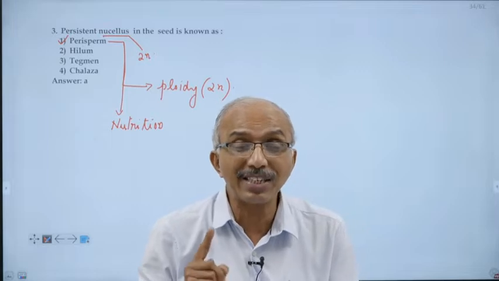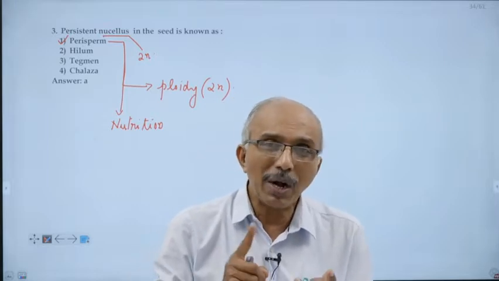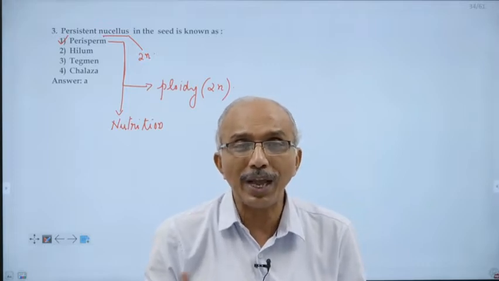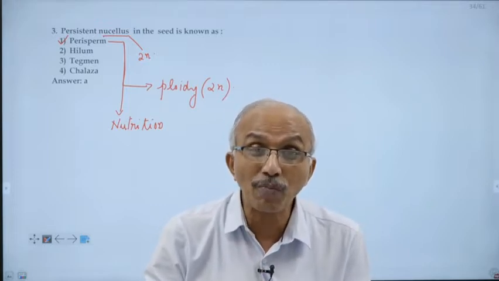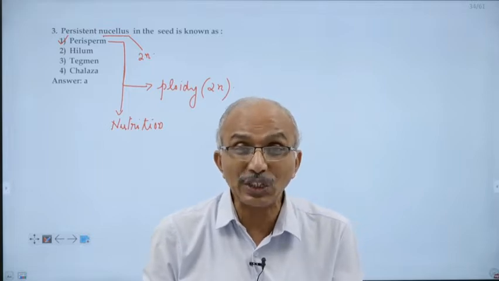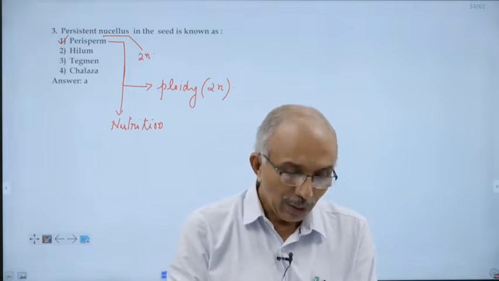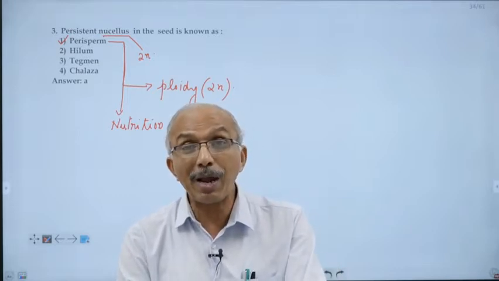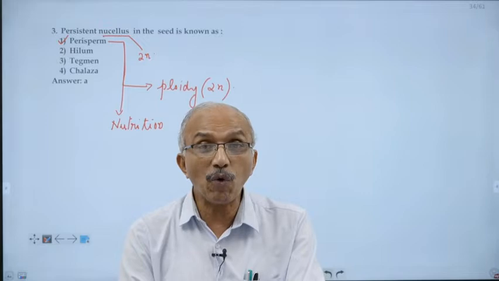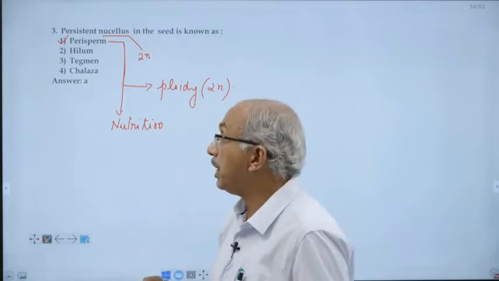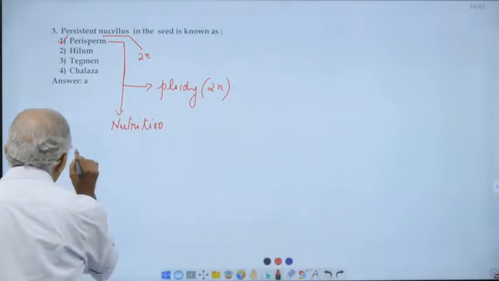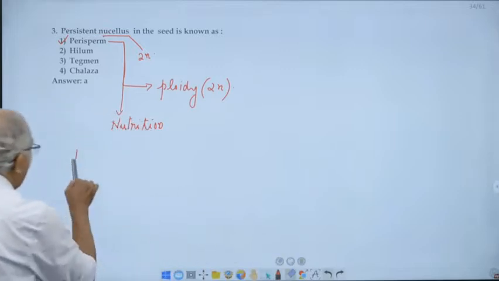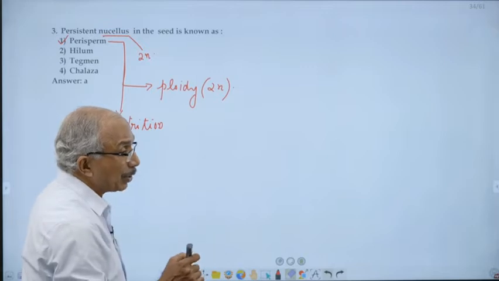Persistent nucellus in the seed. What is the ploidy of perisperm? Diploid, 2n. What is the function of perisperm? Nutrition. It provides nutrition to the developing embryo. Therefore, perisperm is a diploid nutritive tissue.